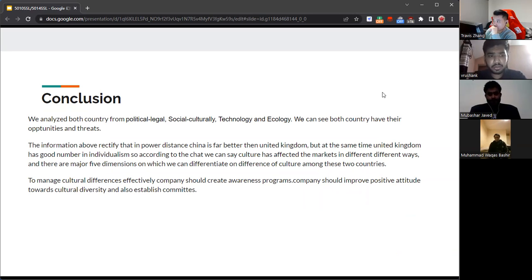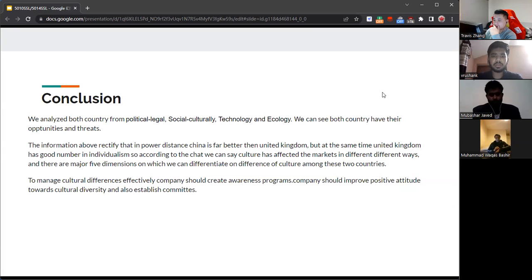So in conclusion, we analyzed both countries from the political and legal, social and cultural, technological, and ecological perspectives. We can see both countries have their opportunities and threats. The information shows that in power distance, China is far higher than the United Kingdom, but at the same time the United Kingdom has good numbers in individualism.